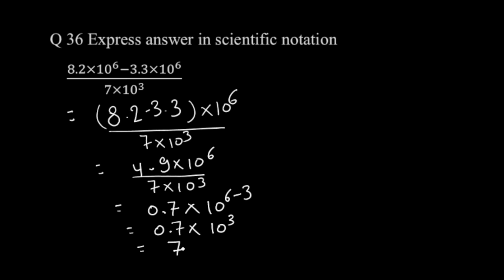That means 7 multiply 10 to the power minus 1 multiply 10 to the power 3. This is going to be 10 to the power 2. Move to another question.